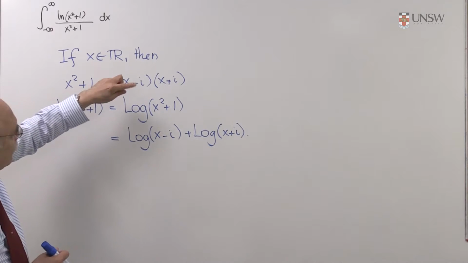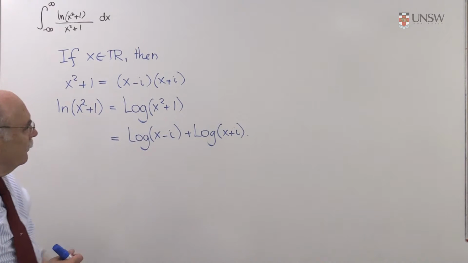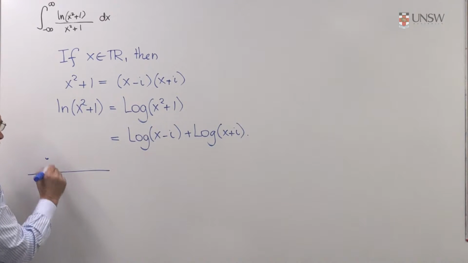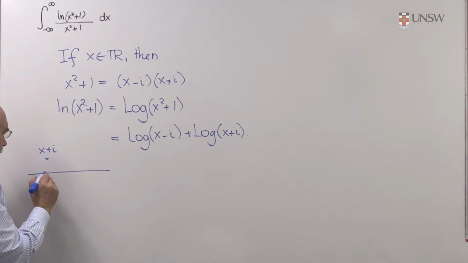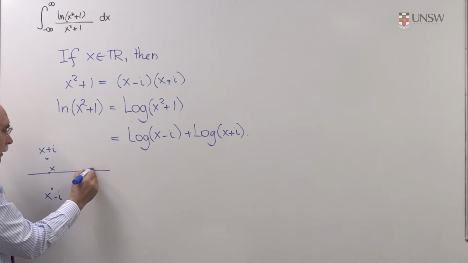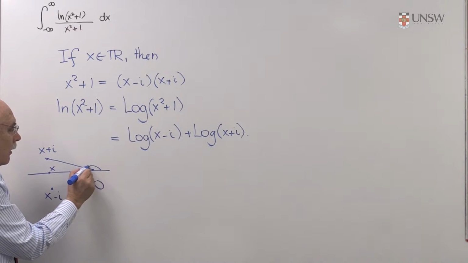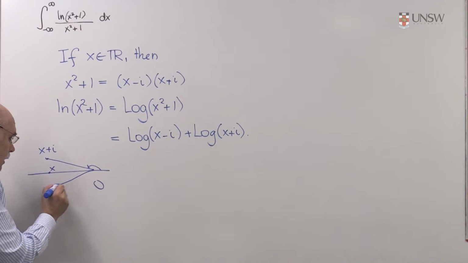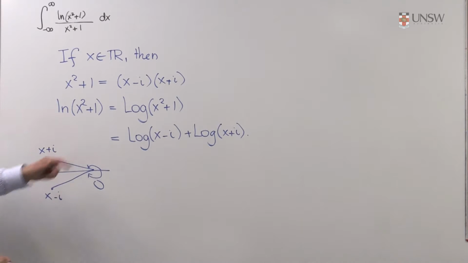The imaginary parts are to do with the argument of this, the argument of this, and the argument of this. But notice that if I've got a number x, then x plus i is here, x minus i is here, and say if here is 0, then the argument of x plus i and the argument of x minus i, well, one is the negative of the other.